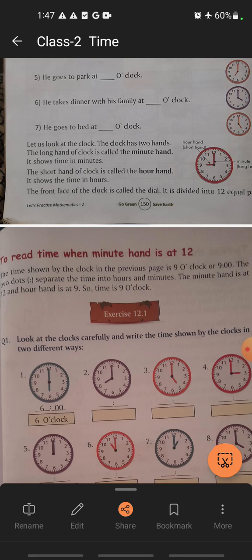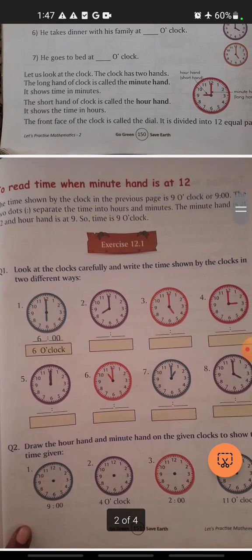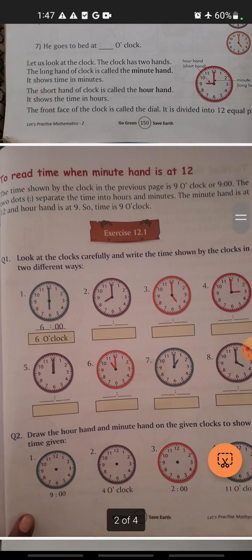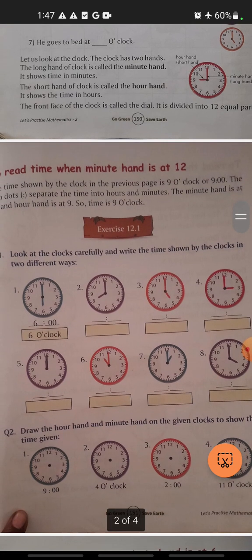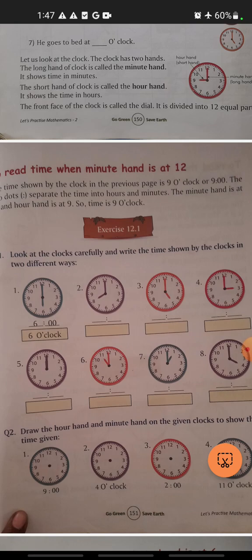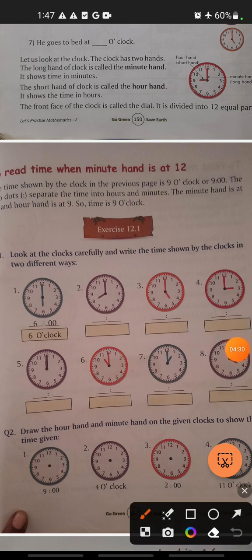Next exercise that is given in your book, 12.1. In this exercise, question number 1 is, look at the clock carefully and write the time shown by the clock in two different ways. First way is to write the time with a double dot, and second is to write it in words.